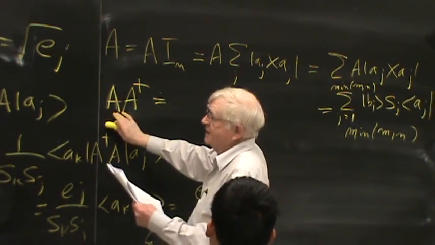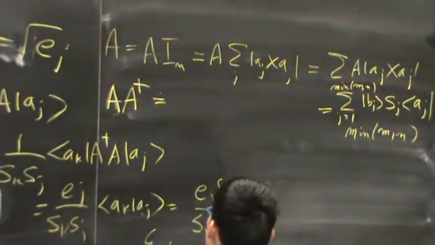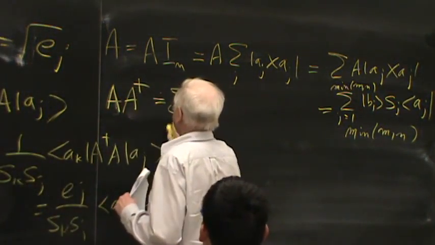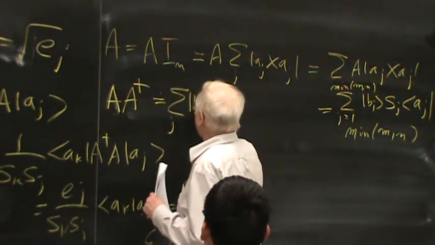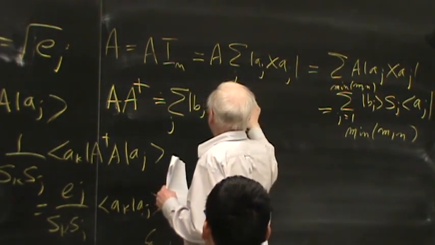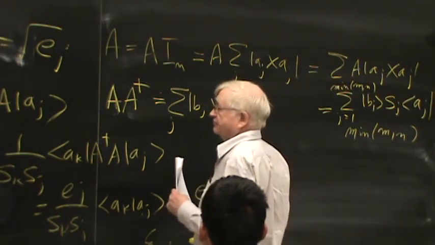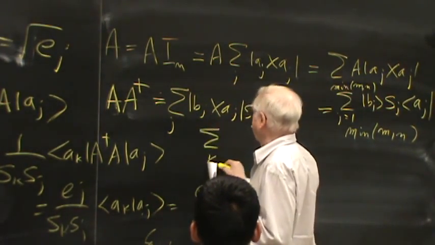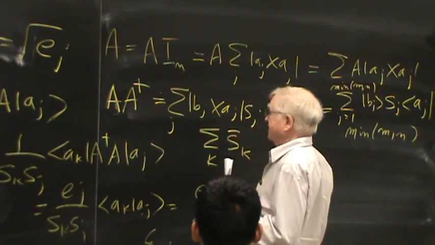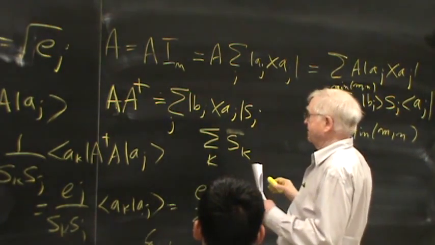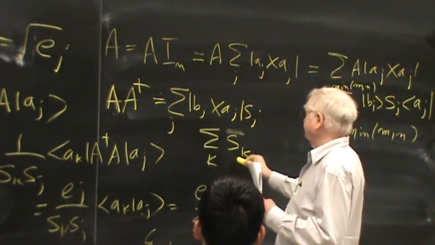In order to see that, we just write this. We could see it independently, but in order to see it simply, let's just use the singular value decomposition for A. So that's the sum on j, Bj, Aj, Sj, and now sum on k, Sk complex conjugate. Well, they're all real, so we don't need to complex conjugate them.